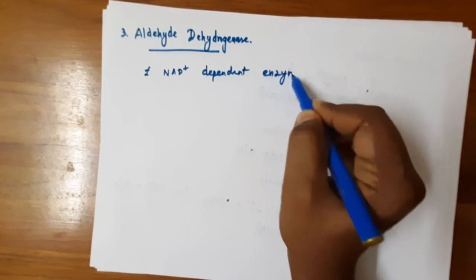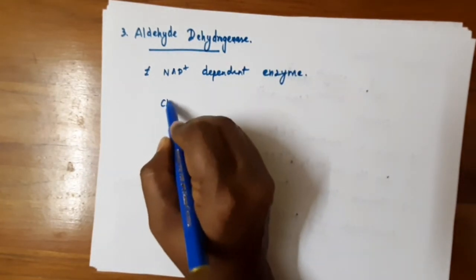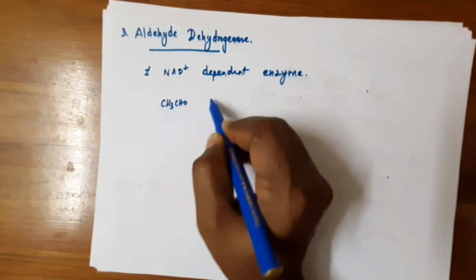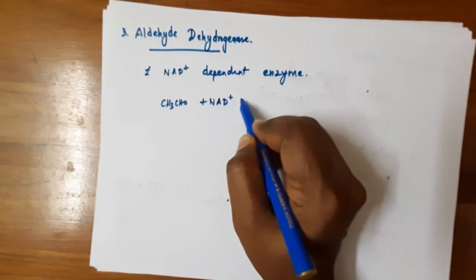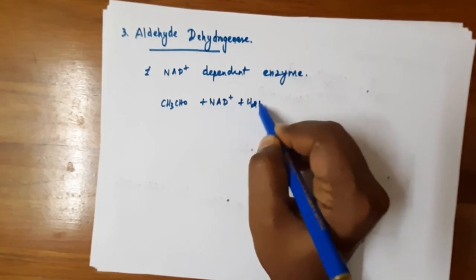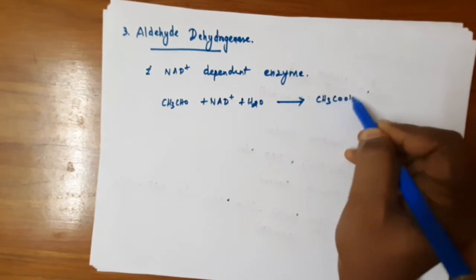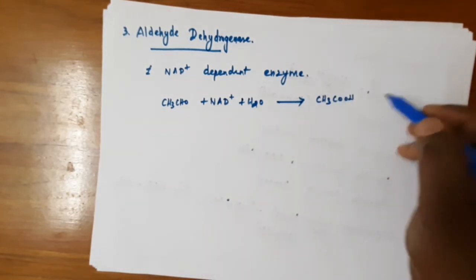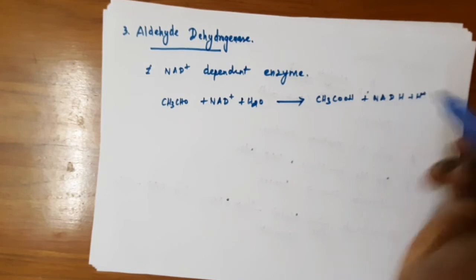It is also similar to aldehyde oxidase, which converts the aldehyde to acid, here with the help of NAD plus. Okay, it converts the aldehyde to acid and generates NADH plus H plus.